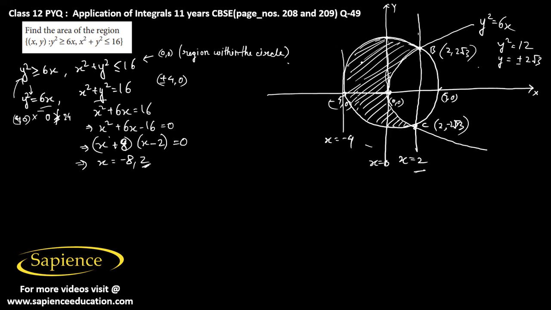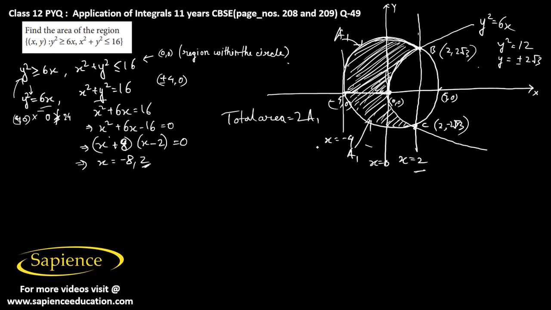And we can see that this area is symmetric about the x-axis. It means if we say the area of the region which is above the x-axis, this part, is suppose A1, then the area of this part will also be A1. It means the total area which we have to find will be 2A1.